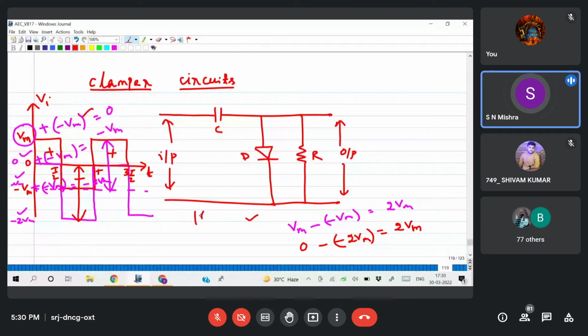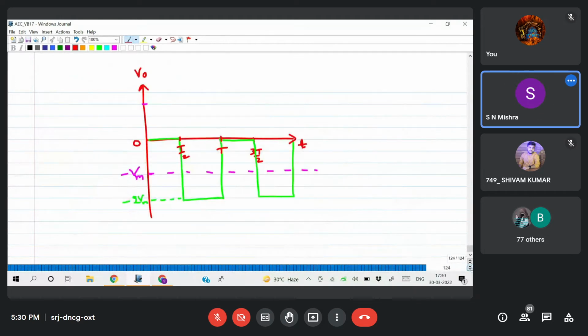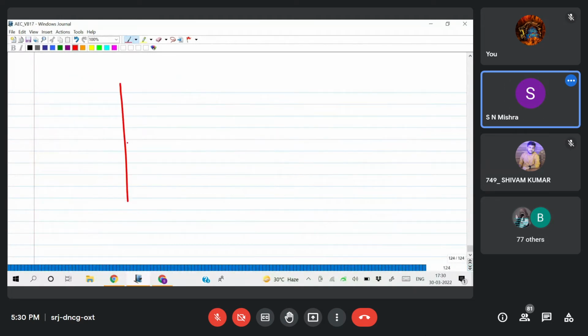Now instead of Vm, if I take 10 volt and minus 10 volt, the signal is like this. Vi is 0, 10, minus 10.